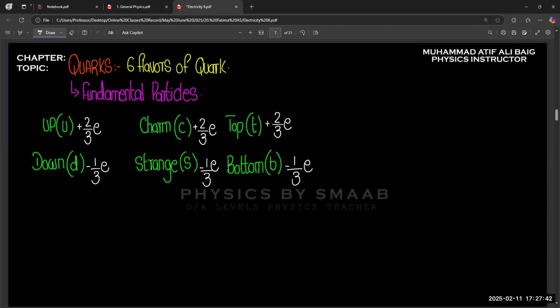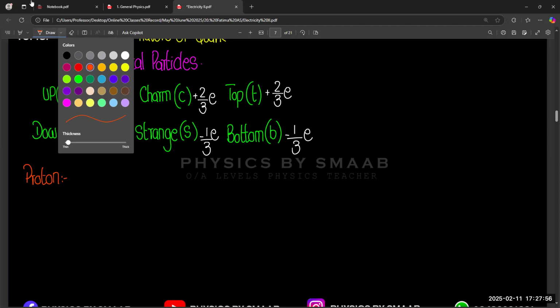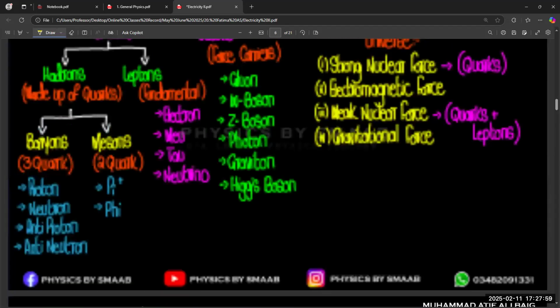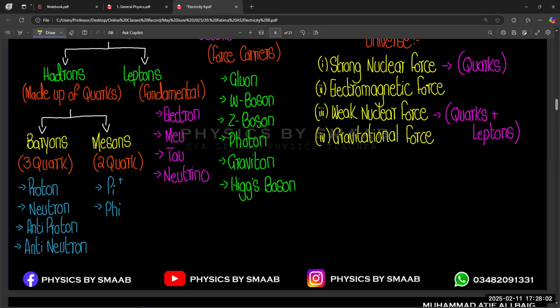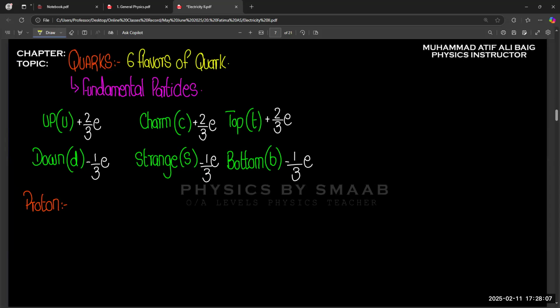For example, if we consider the category of the proton, there is a three-quark system because it is in the category of the baryons. We have to combine three quarks. So naturally in proton, two quarks are up, up, and one down. Now you can take the values from the quarks already mentioned.